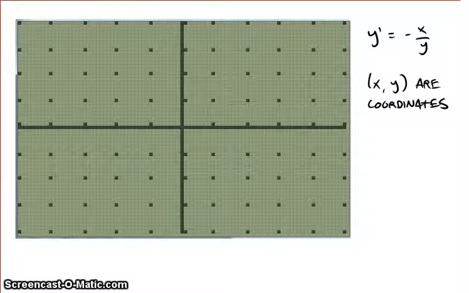Alright, so let's pick a point at random. Each of these points is going to have a little line segment associated with it. Each line segment is going to have a slope, and all together we're going to have a whole field full of slopes. That's going to be called a slope field.